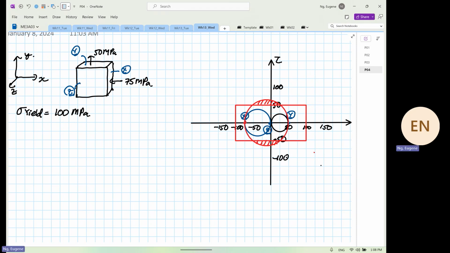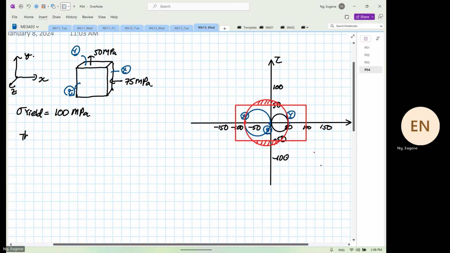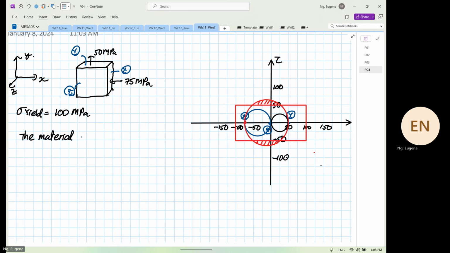So for this case, the material, it's not so obvious. For this case, the material will yield under the above loading conditions.